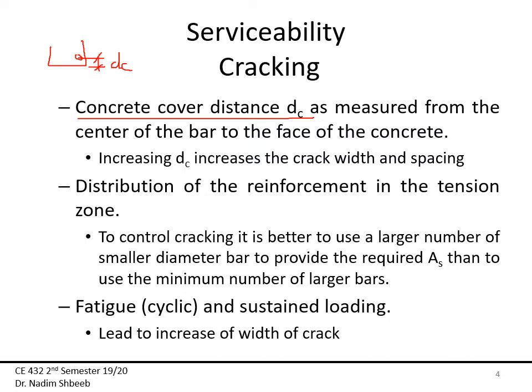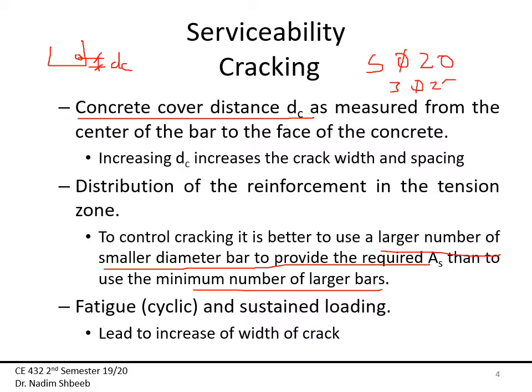Another factor is the distribution of the reinforcement in the tension zone. We usually like to use a larger number of smaller diameter bars to provide the required area of steel rather than a minimum number of large bars. So I would like to use, let's say, 5 Phi 20 instead of maybe 3 Phi 25.